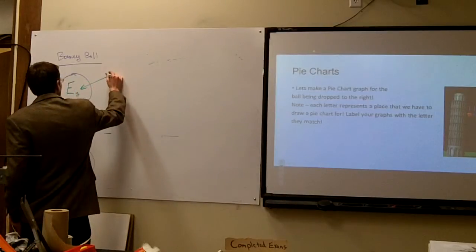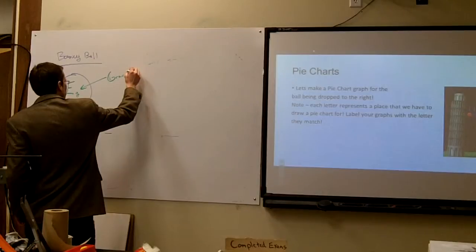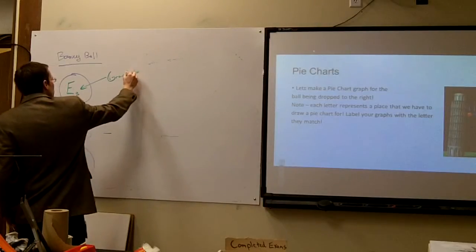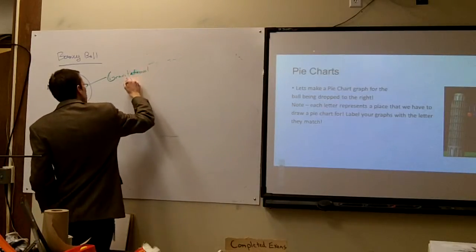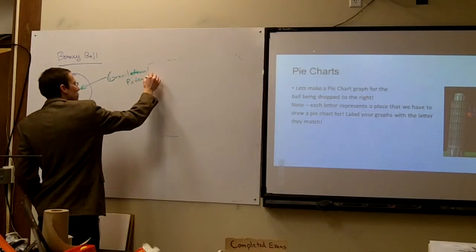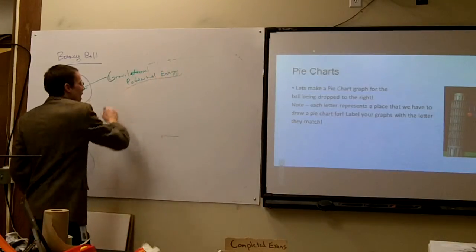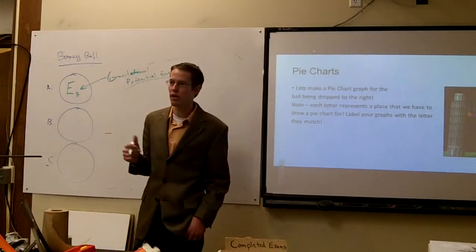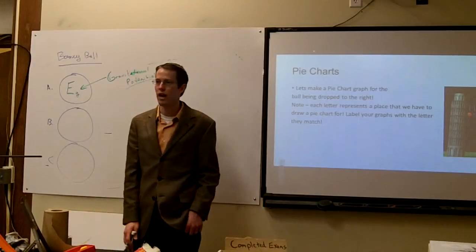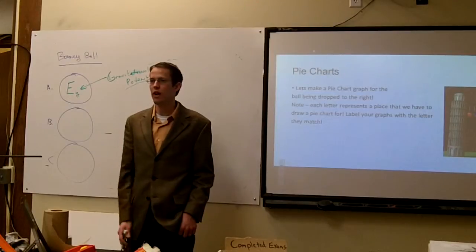That means gravitational potential energy. Why did I write it as EG? It's easier. Because I don't want to have to write out gravitational potential energy every time. EG, or GPE, is fine.